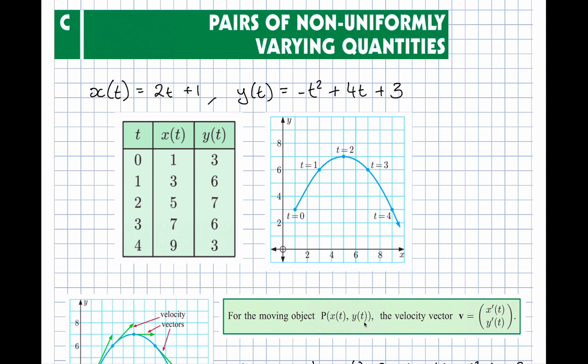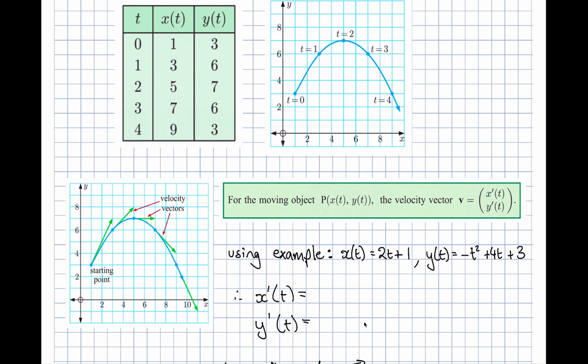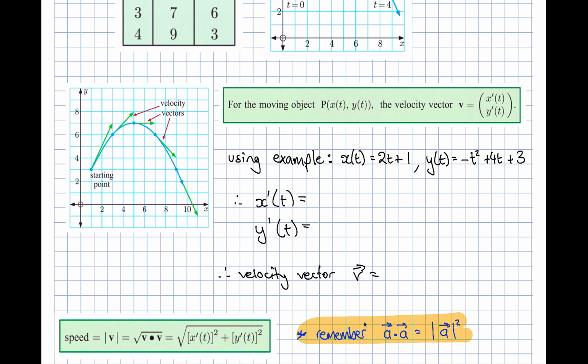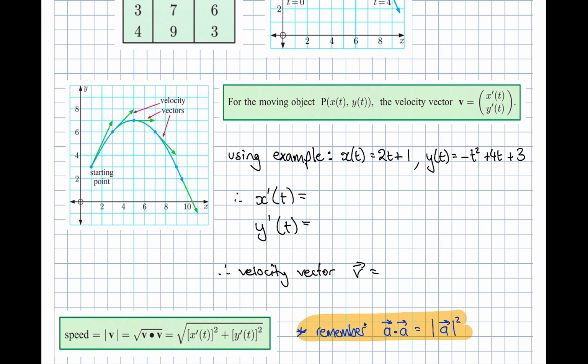So we've got just a couple of equations there. We've filled out the table like we did before, and we can see the path that it takes, that nice parabola that it's got there. The important thing from it is that there are classic physics questions that say draw a velocity vector on this path, and you know that what you do is use the tangent at that point for the direction.